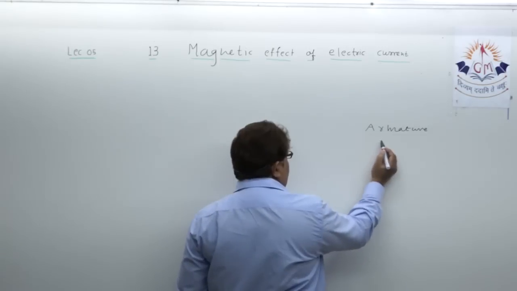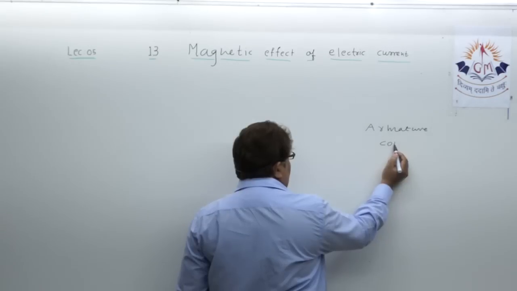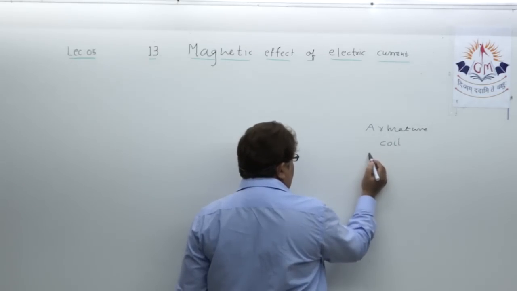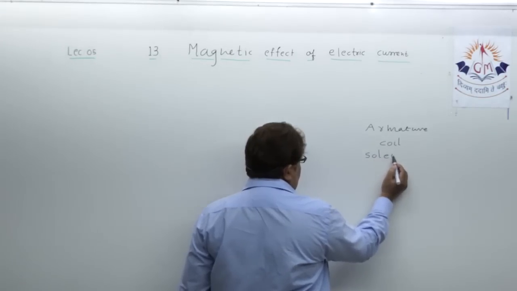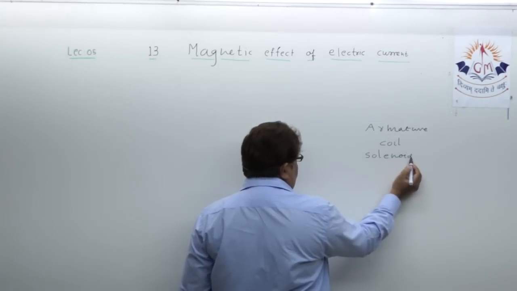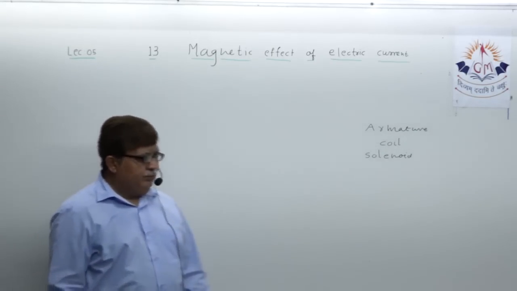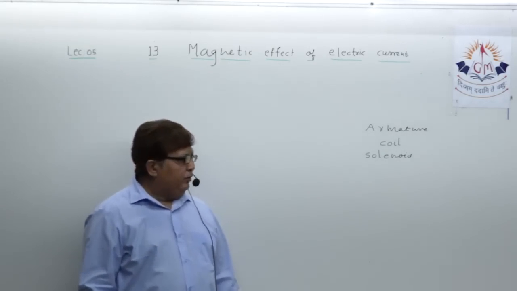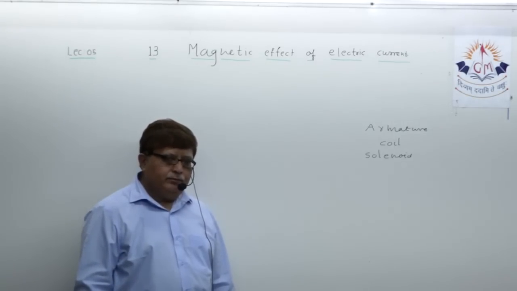I have given you an idea about armature, or it can be called a coil, or dear students, you can also call it a solenoid, if you can remember. How armature, coil or solenoid are made, you know.